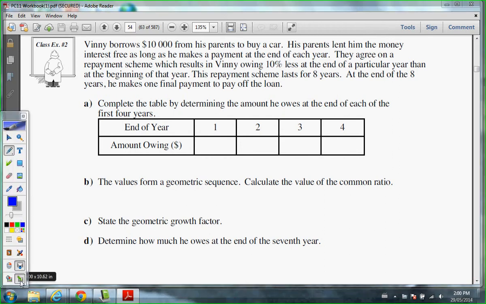His parents lend him the money interest-free as long as he makes a payment at the end of each year. They agree on a repayment scheme which results in Vinny owing 10% less at the end of a particular year than at the beginning of that year. This repayment scheme lasts for 8 years. At the end of 8 years, he makes one final full payment to pay off the loan. Complete the table by determining the amount he owes at the end of each of the first 4 years.